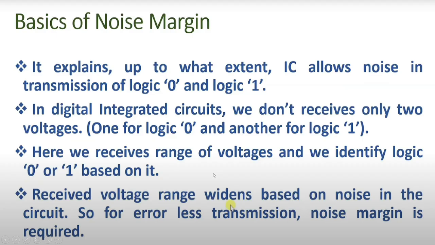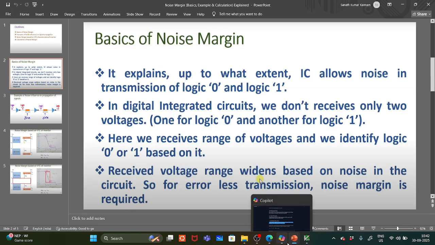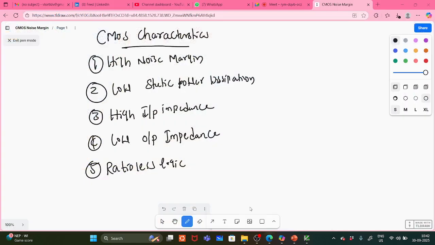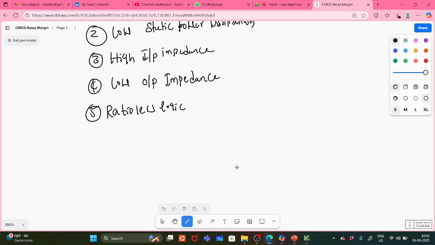Suppose we consider voltage levels. Let us take 0 to 0.7 volts, which we call logic 0.